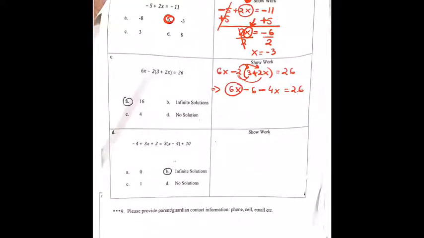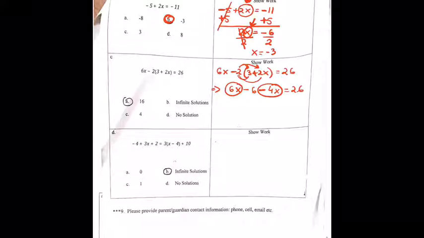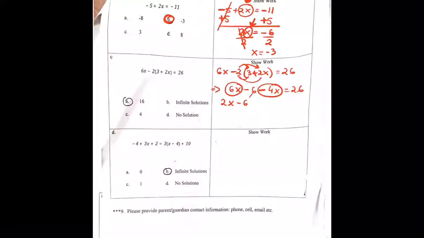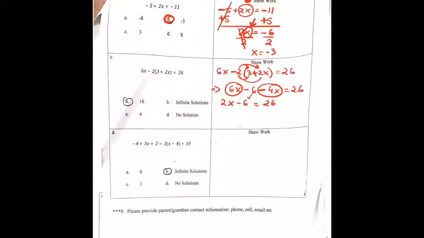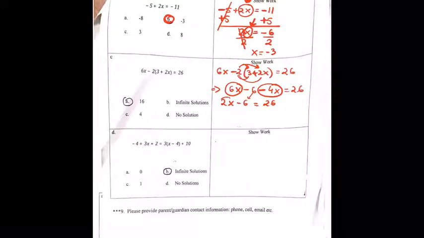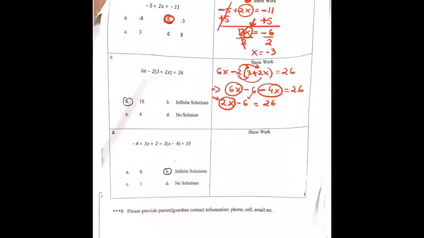Now that I've gotten rid of the parentheses, I can combine like terms. So I notice I have a 6x and a negative 4x. I can combine those. 6x minus 4x gives me 2x. I still have that minus 6, equals 26. Next step, I need to isolate the term with the variable in it. That term is 2x.